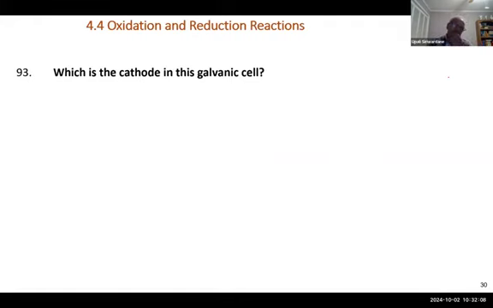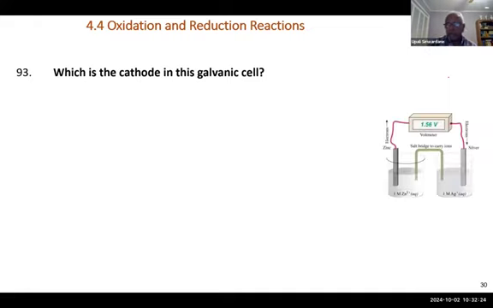Now, galvanic cell is another name for voltaic cell. I said that in the previous slide. The most common name is voltaic. This is a diagram of another cell made out of zinc sulfate solution and silver nitrate solution.